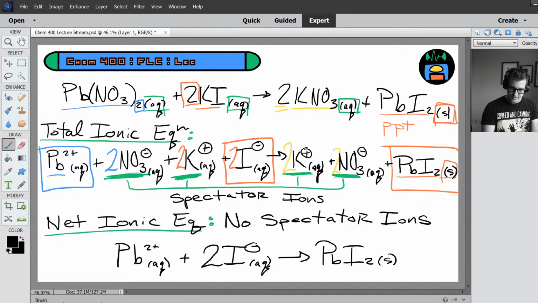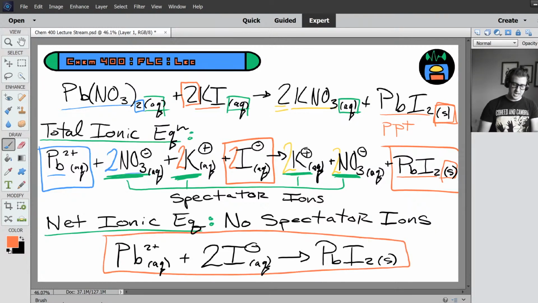And this would be the net ionic equation. So you have a chemical equation, or sometimes it's called the molecular equation, which is the normal kind we've been dealing with. In the total ionic equation, you separate your soluble ions into their separated cation and anion pairs, and then in the net ionic equation you cancel all your spectators, and you're just left with only the reactants that are participating in the reaction.